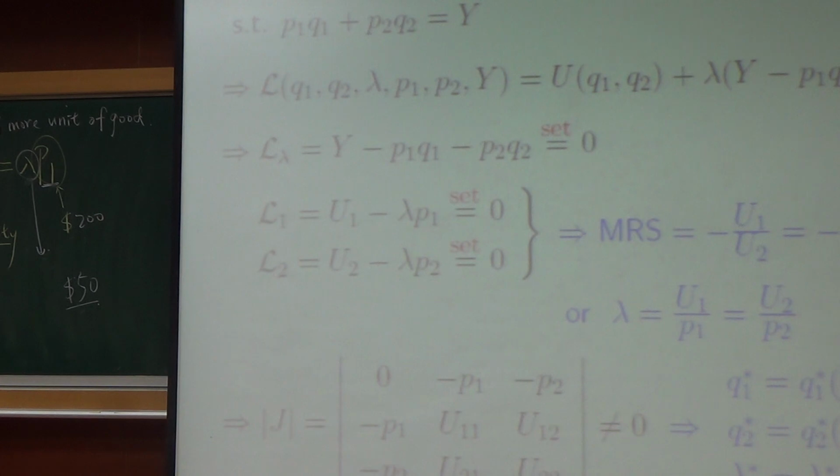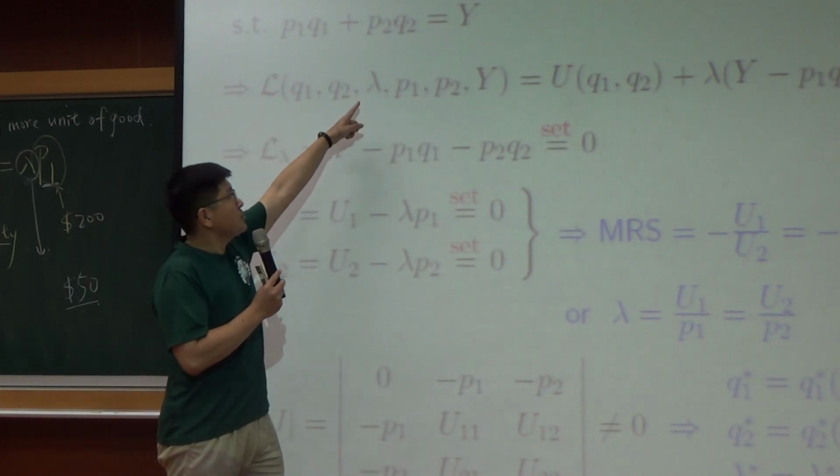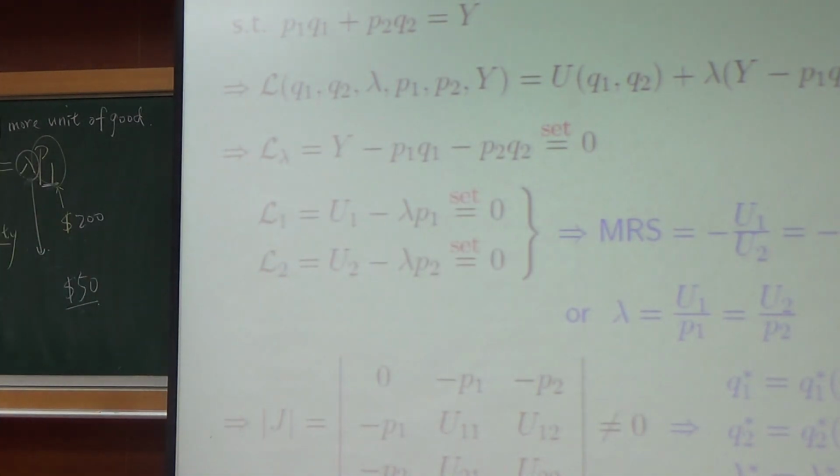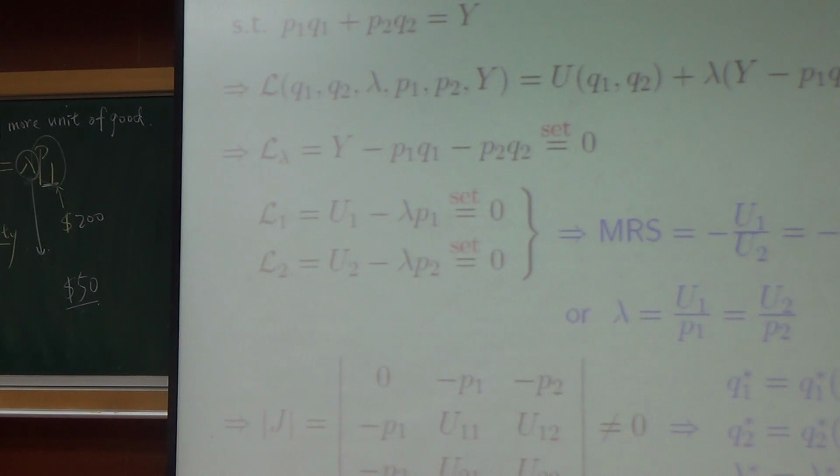to say that now we have 6 variables, Q1, Q2, lambda, P1, P2, Y. And from the 6 variables, we may choose arbitrary 3 variables to be implicit functions of the other 3 variables.